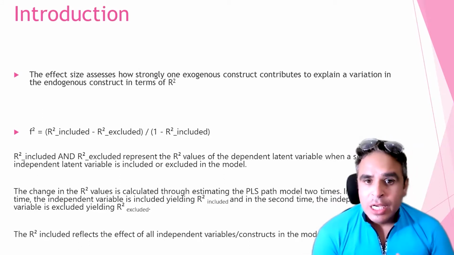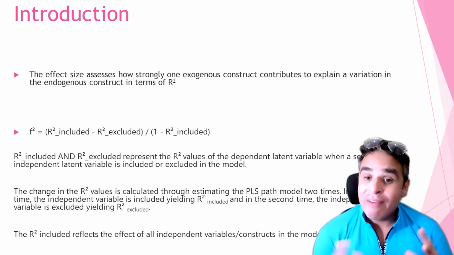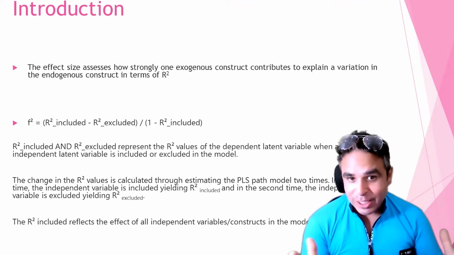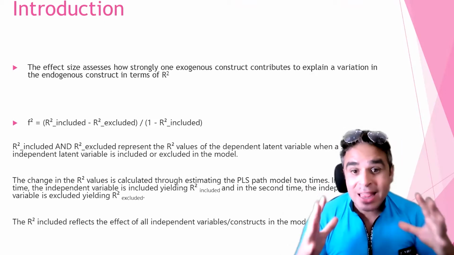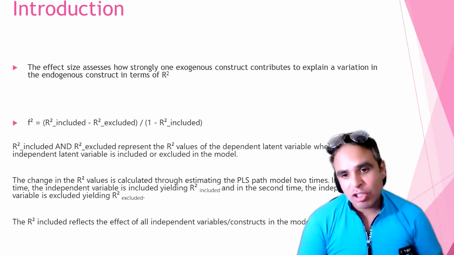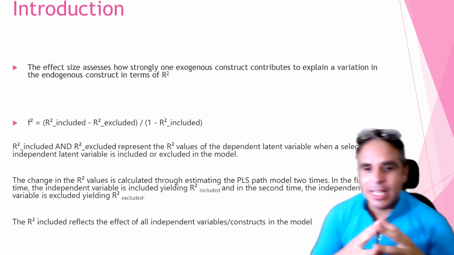As I defined that, we have a formula: R squared included minus R squared excluded, divided by 1 minus R squared included. We'll come to this formula in SmartPLS and apply the needed calculations.